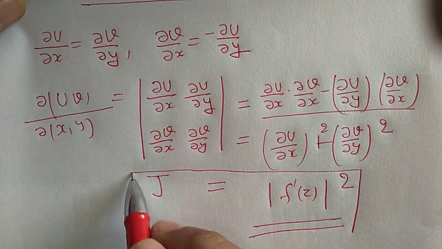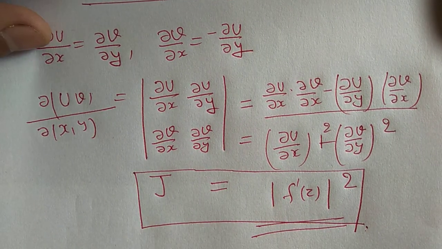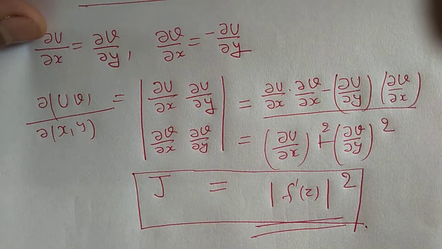So the Jacobian J equals mod f dash z whole square. This is the relation for the Jacobian. Okay, thank you.